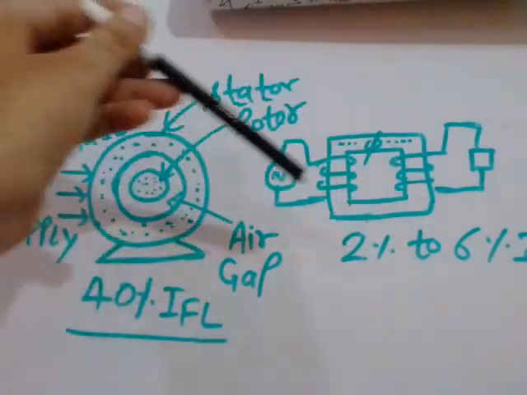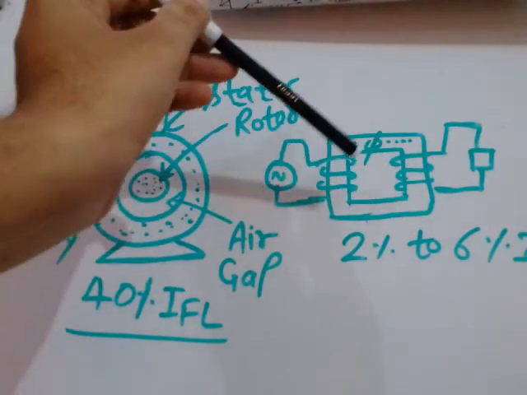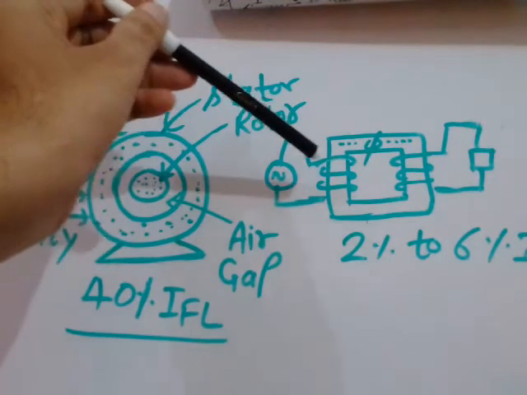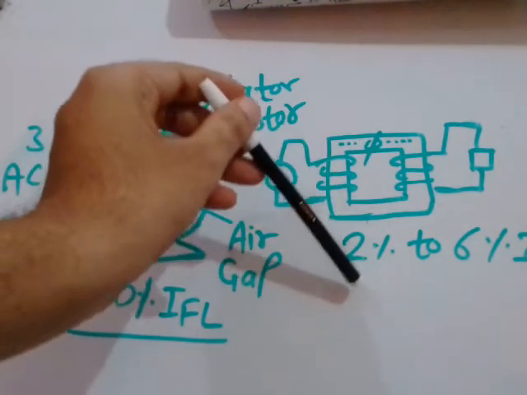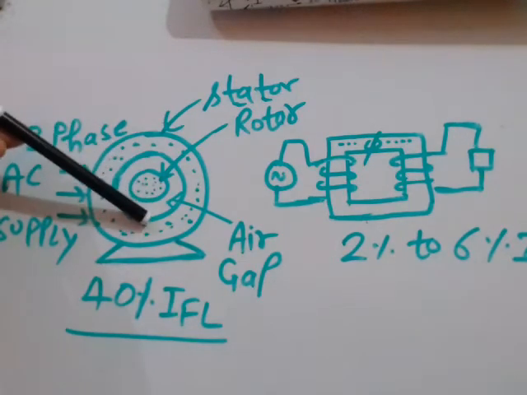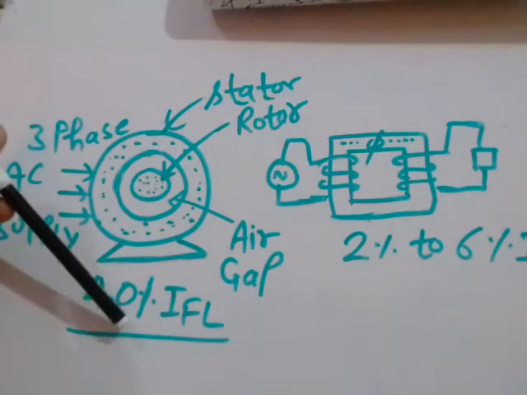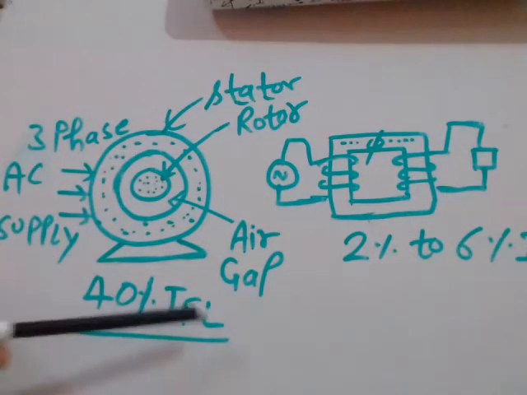Flux in a transformer flows through the iron core, so the reluctance of iron is less, that's why magnetizing current is less. It is 2% to 6% of the full load current. While due to the presence of the air gap, the magnetizing current of induction motor is higher. It is 40% of the full load current.